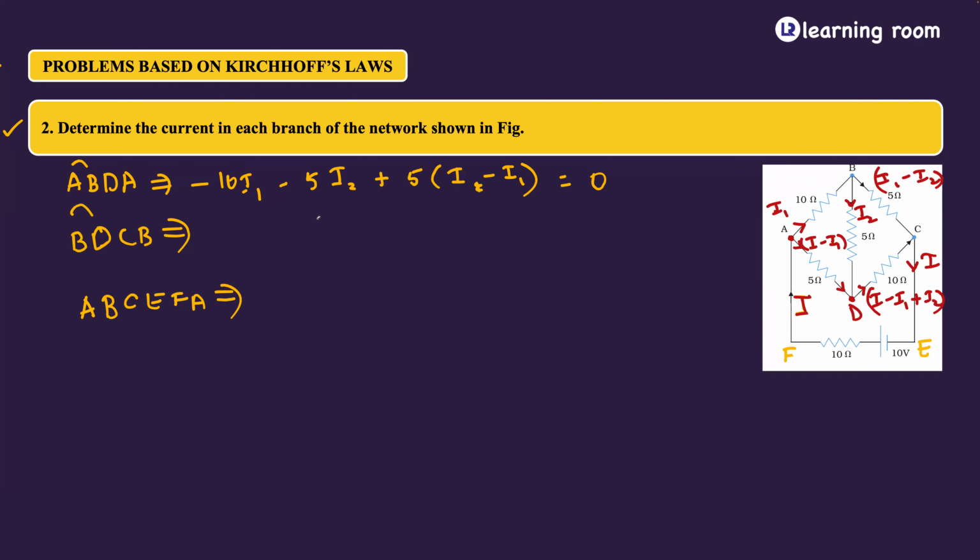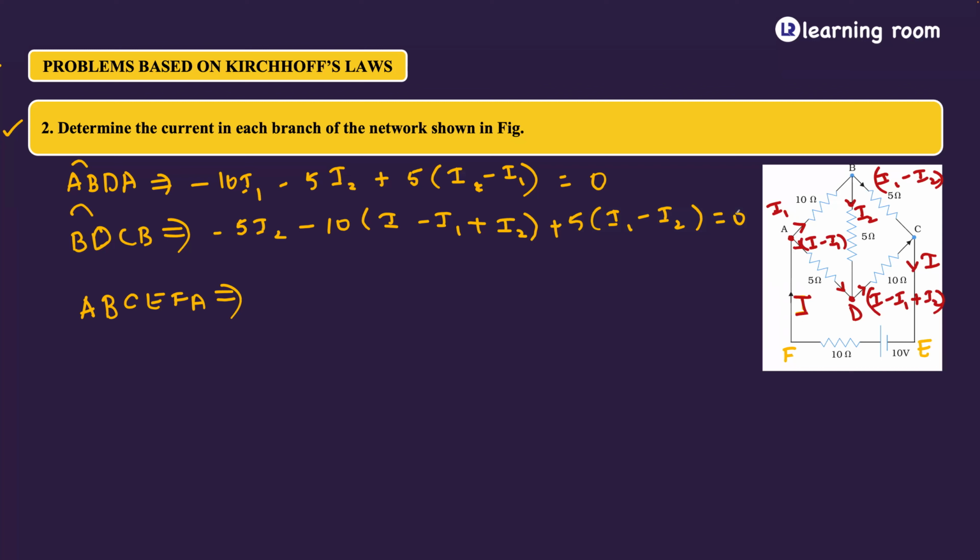Correction. So it is 5 I2 with the minus sign. D to C is minus 10 into I minus I1 plus I2. From C to B is going to be plus 5 into I1 minus I2. This is 0.